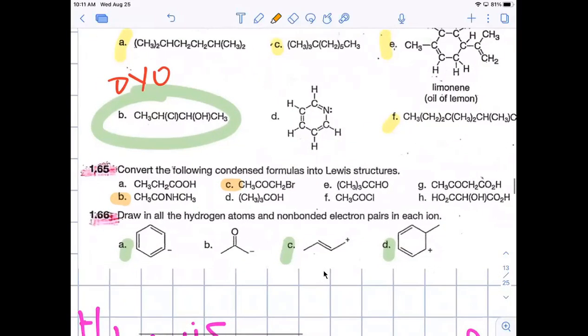For now, B and C will be fine, because the rest of those are other functional groups, and I don't want to open that can of worms.